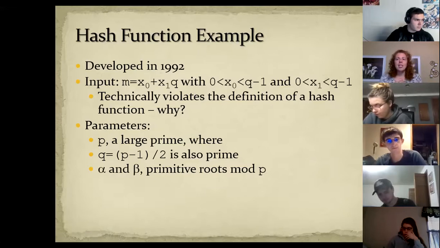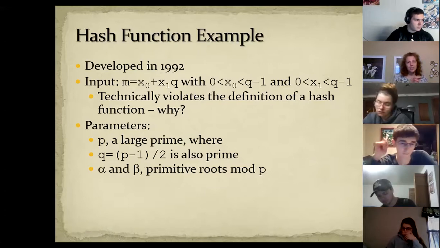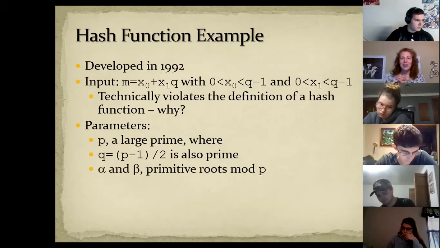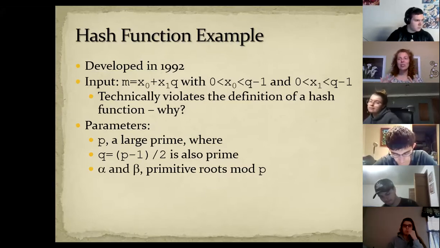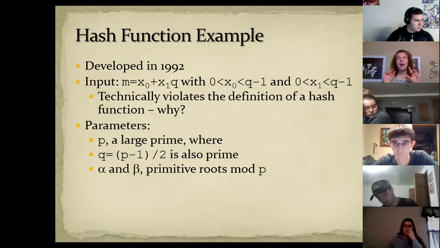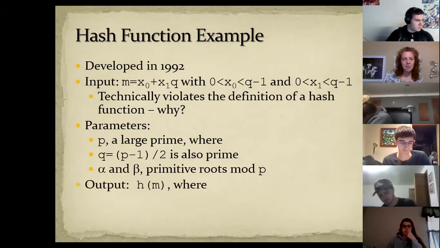And then we need primitive roots mod P. This was on the test, this is why we talked about it. Some of you did it, and some of you did non-trivial square roots of 1. If you don't remember what primitive roots mod P are, go back and look. It's not hugely important for the description of the hash function. It's more important if we were going to delve deeper into the security.